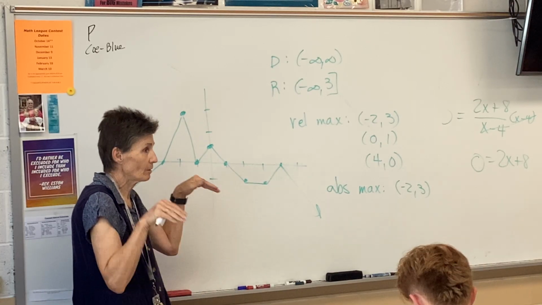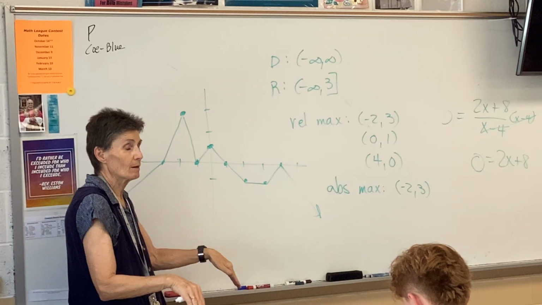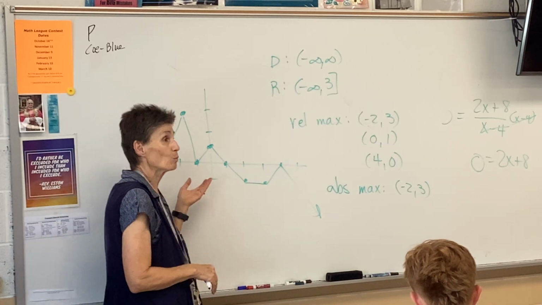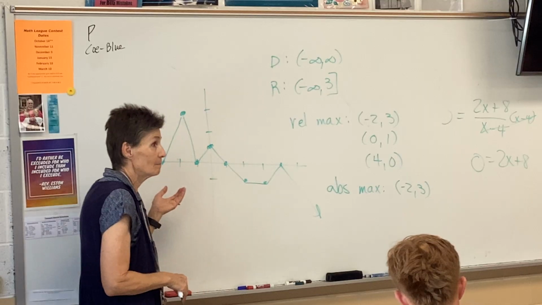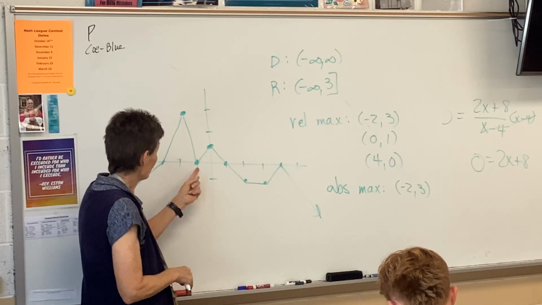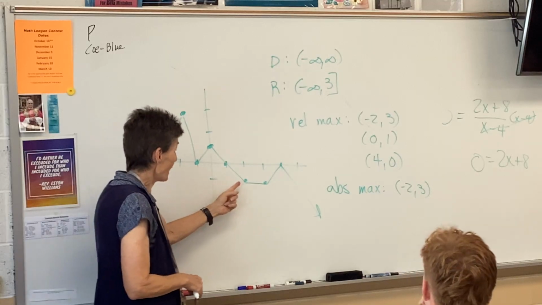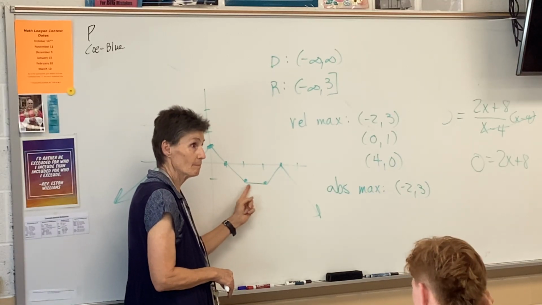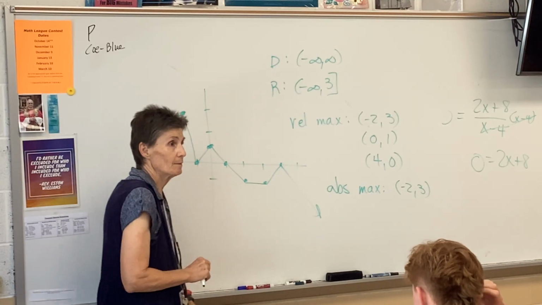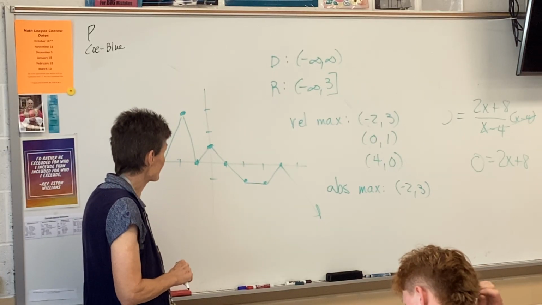No, because the arrows are going down. Does this have a relative minimum? Yes. It would have one right here, and a couple of them right here, and that would be it for minimums.